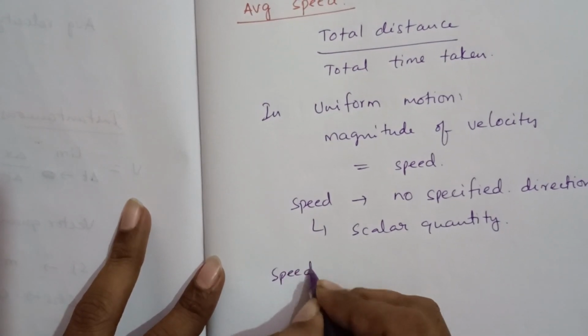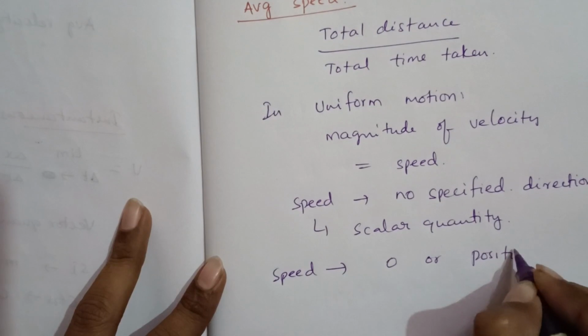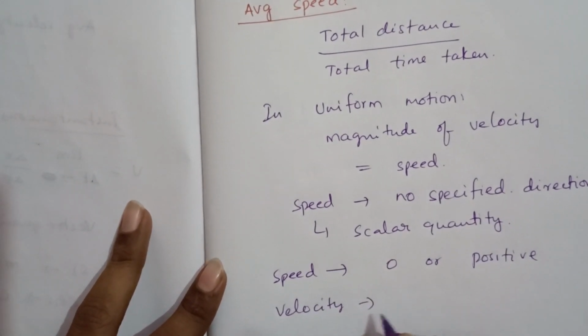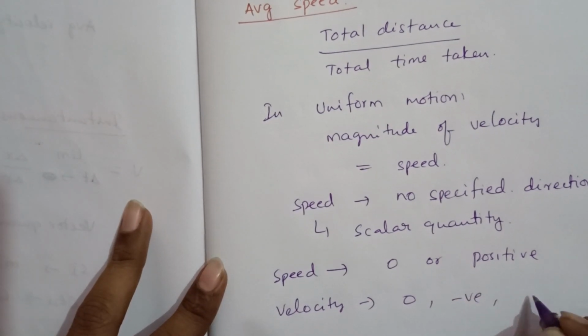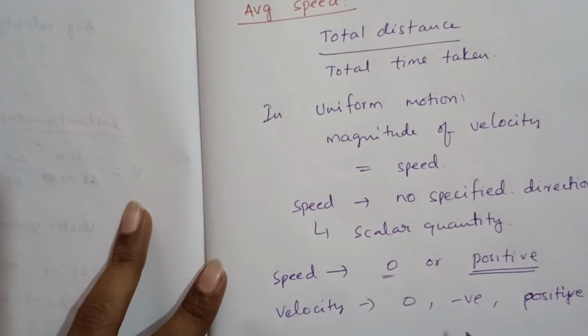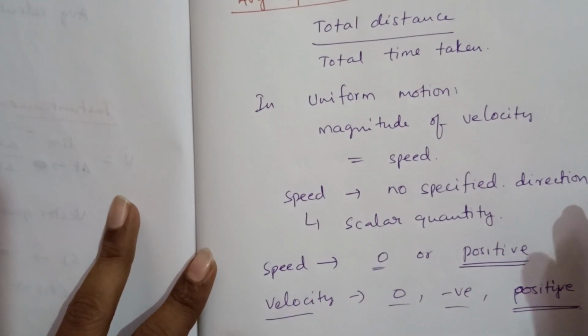Speed will be either 0 or positive. Coming to velocity, it can be 0, negative, or positive. Speed is positive or 0 only, but velocity can be 0, negative, positive. Speed cannot be negative.